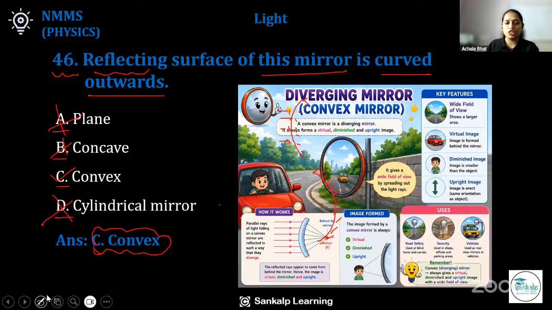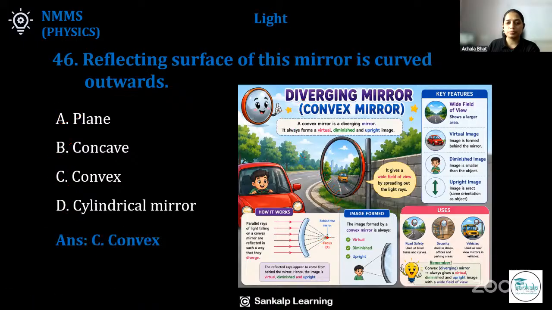This is a convex mirror, also called a diverging mirror, and it is curved outwards like this. Yes, parallel rays of light falling on a convex mirror are reflected in such a way that they diverge.